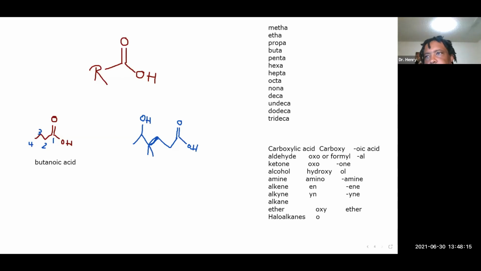Let's do the counting. That's 1, 2, 3, 4, 5, that's 6. Wrong, it's hexa. Okay, so we have hexa.